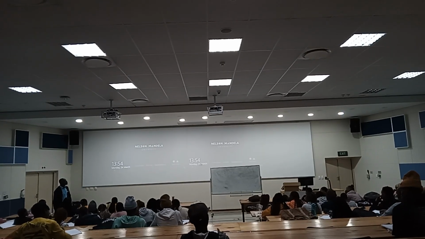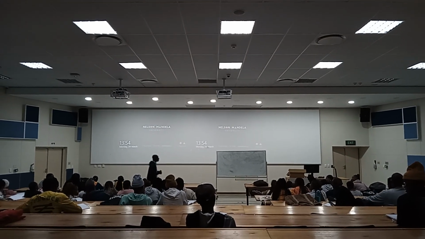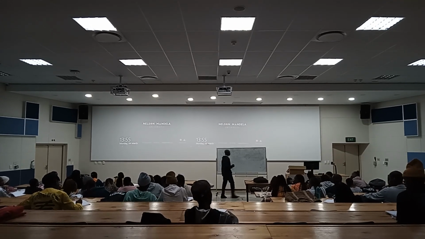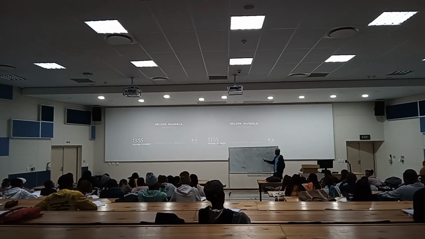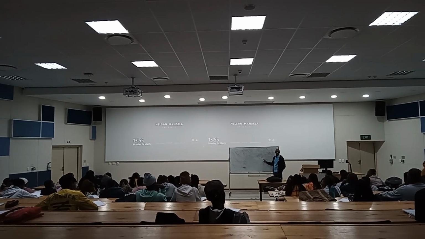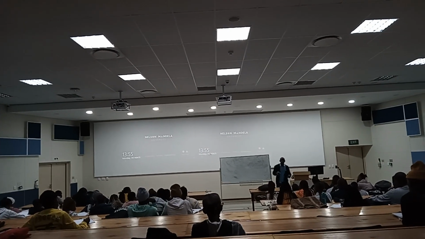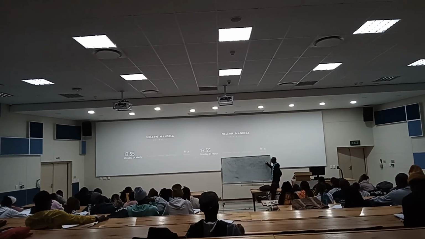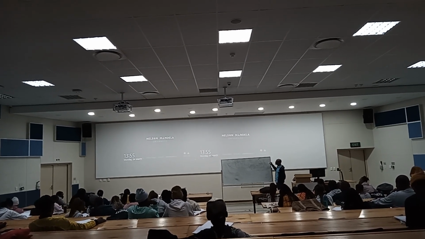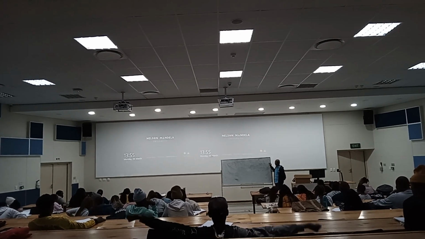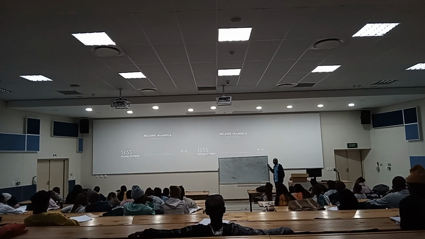Okay, start dividing by 4. 128 divided by 4 is what? 32. Okay, so this is 32. Can we stop there? What else? You divide by what? 8. 32 divided by 8 is what? 4. And 72 divided by 8 is what?